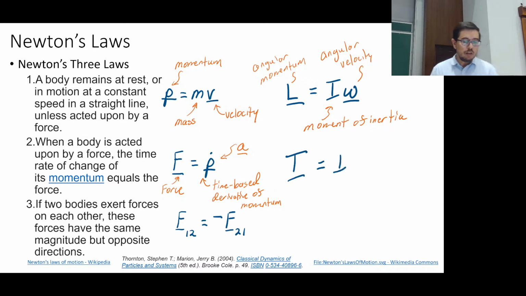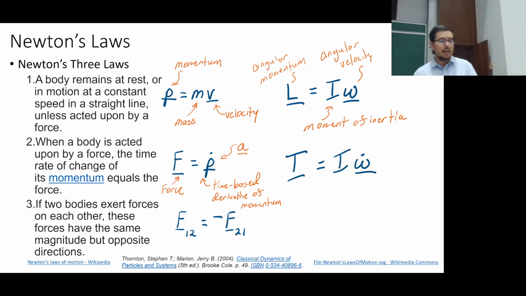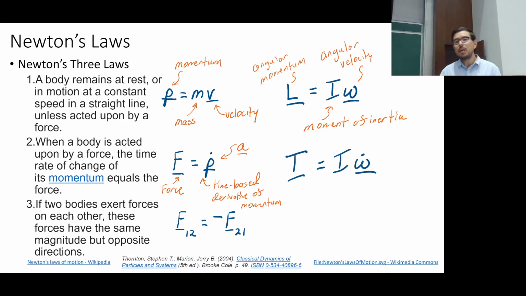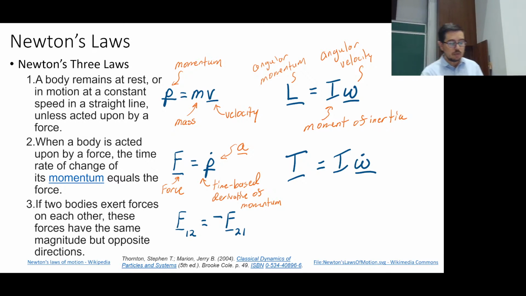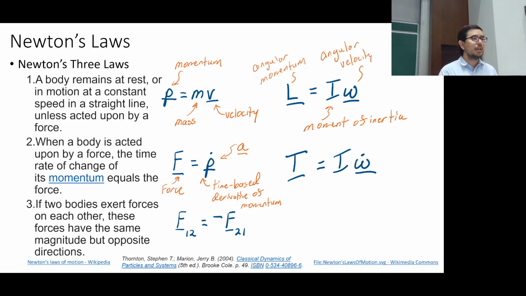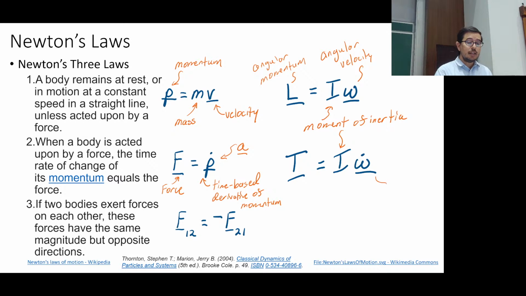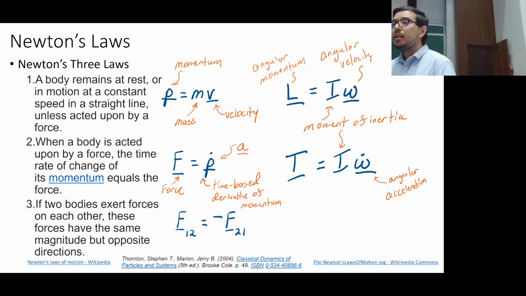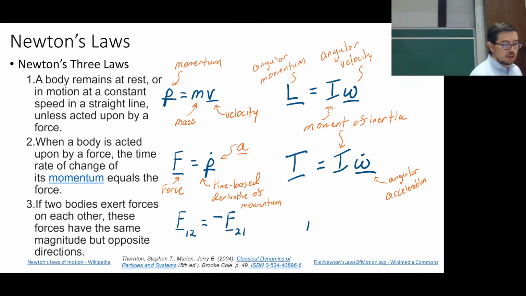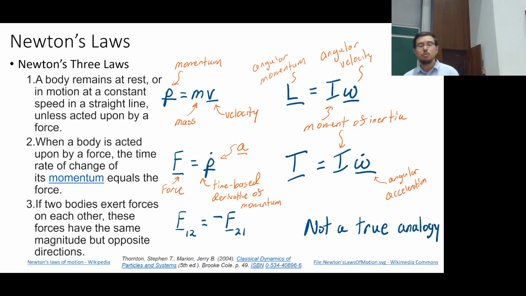And the second law, which we will use a lot, is saying that the summation of the torques or the moments will be equal to I omega dot. So we have a moment of inertia times an angular acceleration, and that angular acceleration we hope will be 0. Now the third law does not have a true analogy.